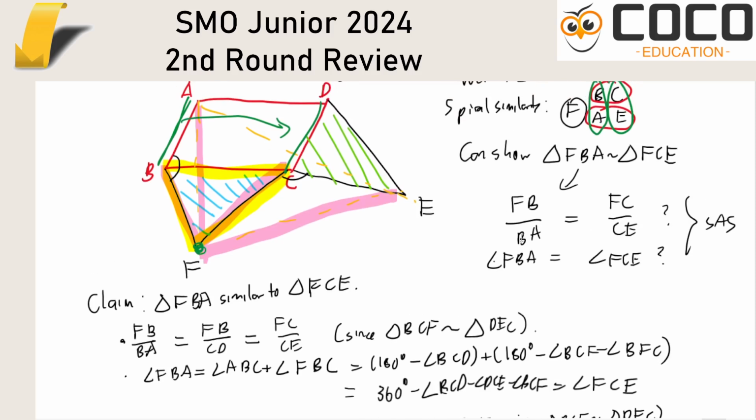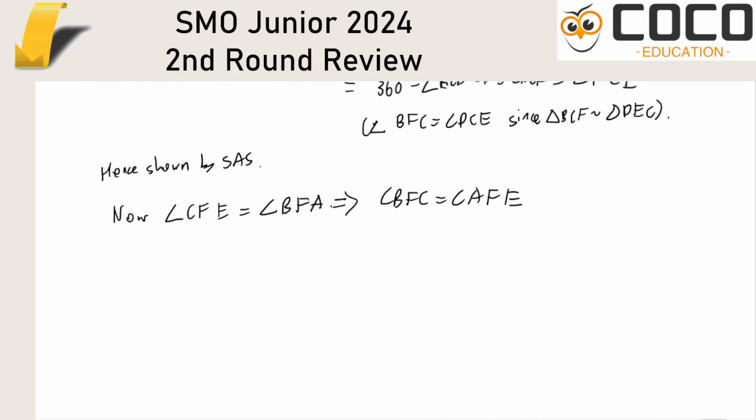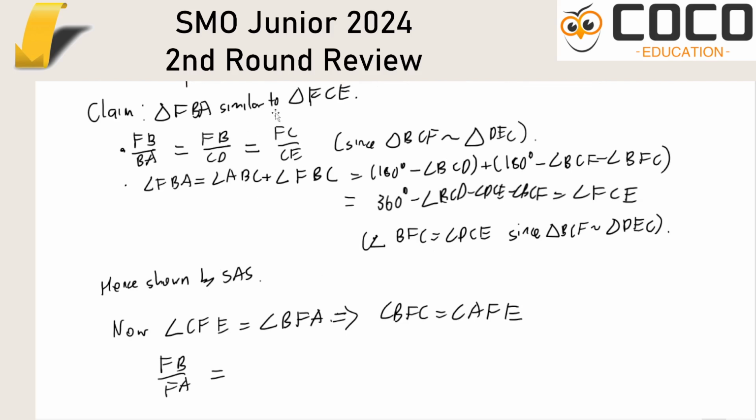Now the other thing are the ratios that we found from the similar triangles. We get the new ratios, FB over FA. A tip is that you can just look at your statement. You don't have to keep going back to the diagram. FB to FA is FC to FE.